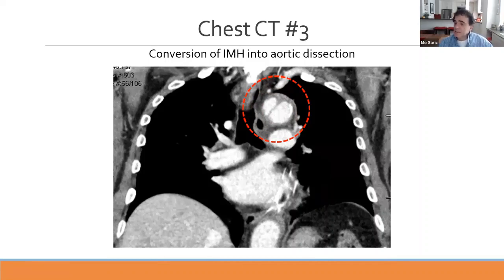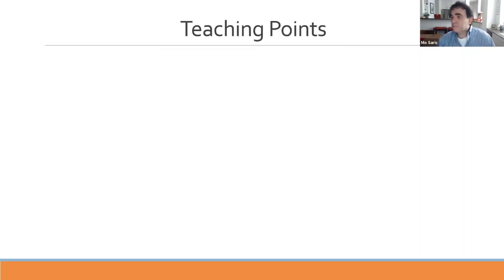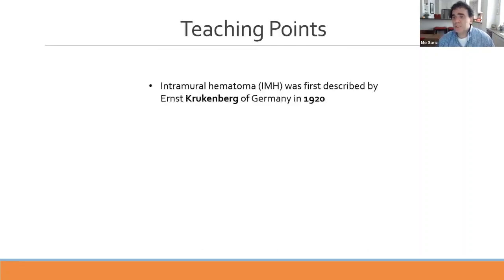And this case is interesting because it really shows a progression over 6 weeks from intramural hematoma to classic aortic dissection. This does not imply that every dissection starts as an intramural hematoma. Some dissections do start as dissections first. So what are the teaching points of this case?